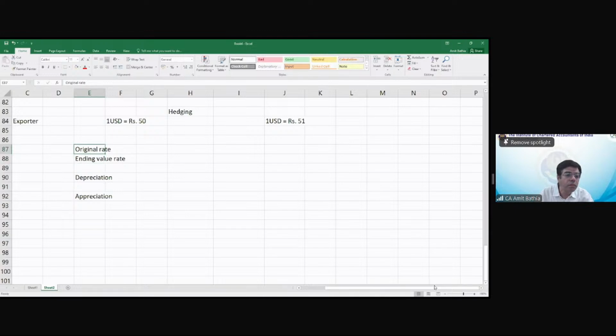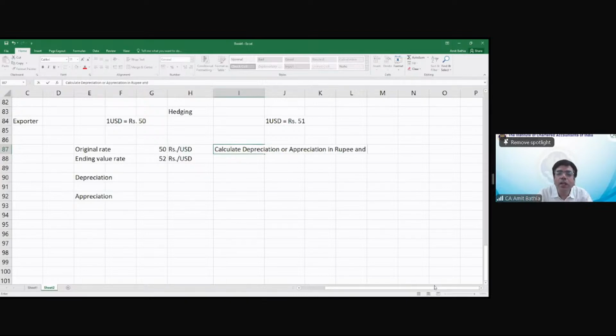Let's say the original rate is 50 rupees per USD, and that has now become 52. Now what I'm expecting you to do is calculate the depreciation or appreciation in rupee and USD.